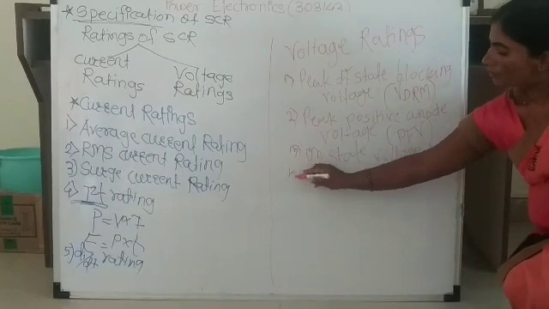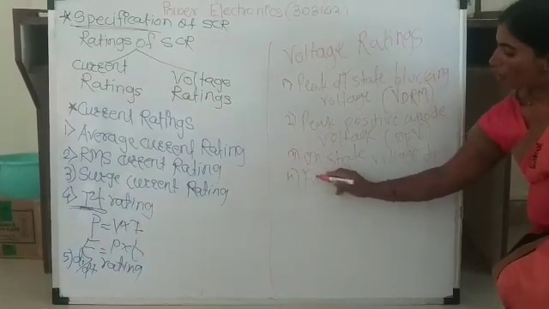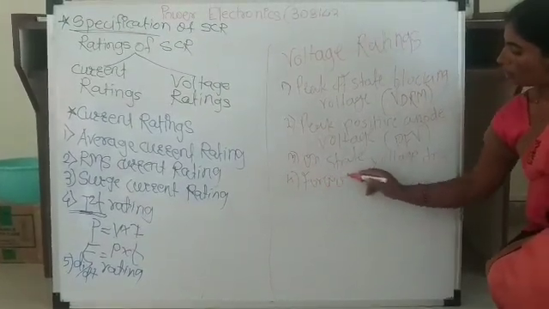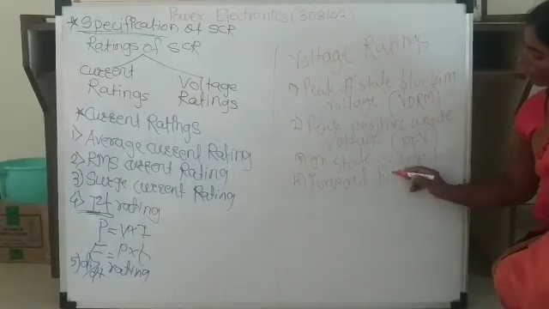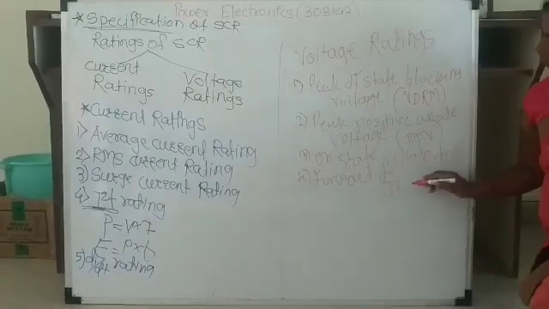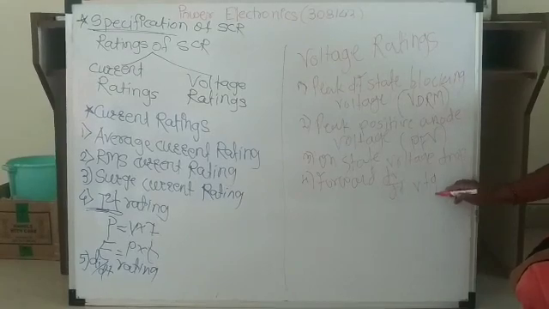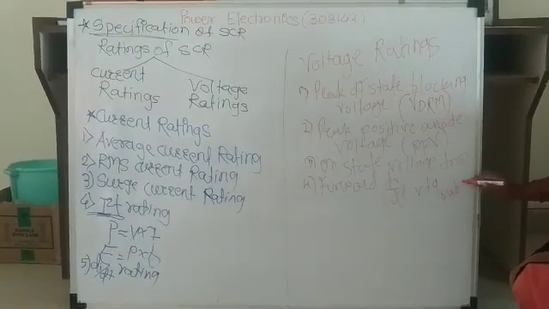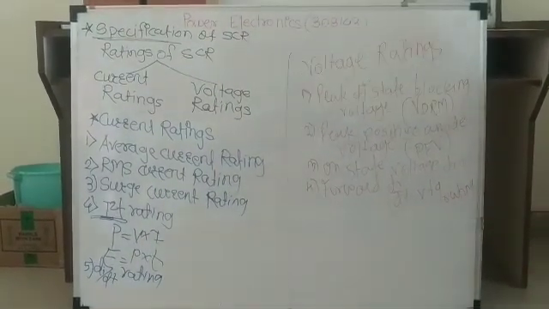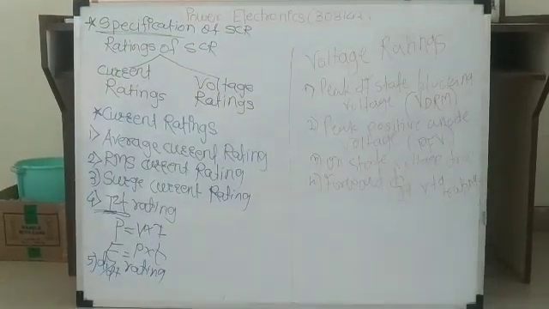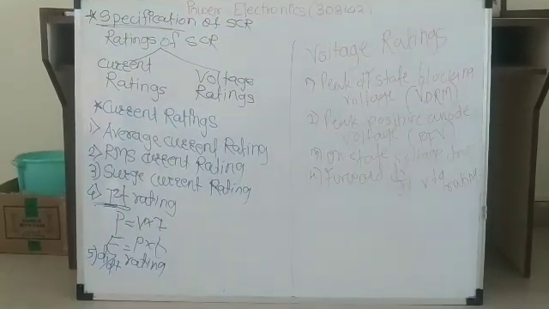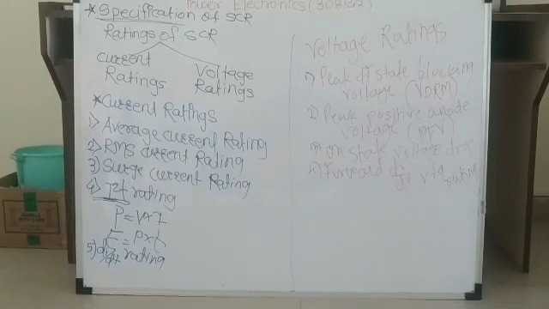Fourth one is forward dV by dt voltage rating. Now dV by dt, again we see di by dt.